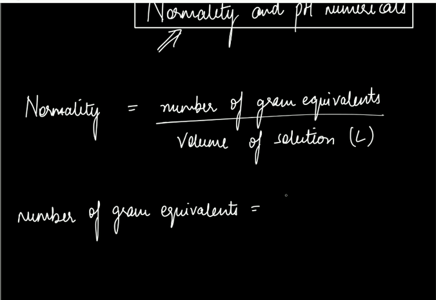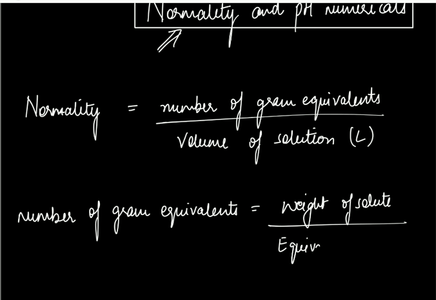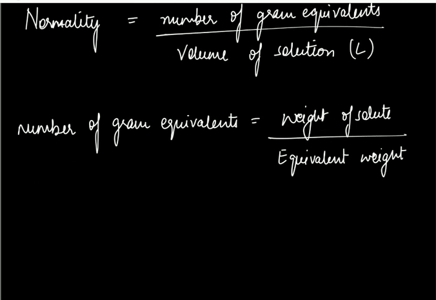Number of gram equivalents is equal to weight of solute divided by equivalent weight. Sometimes we use this entire thing, we open number of gram equivalents over here: weight of solute divided by equivalent weight. Now we go to the third part.